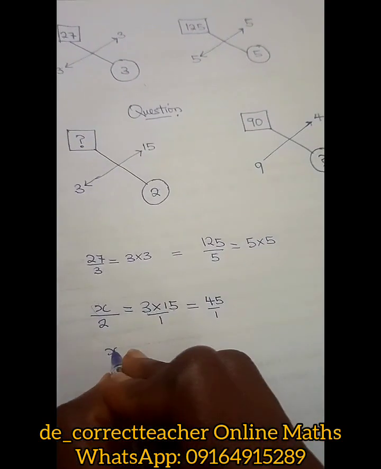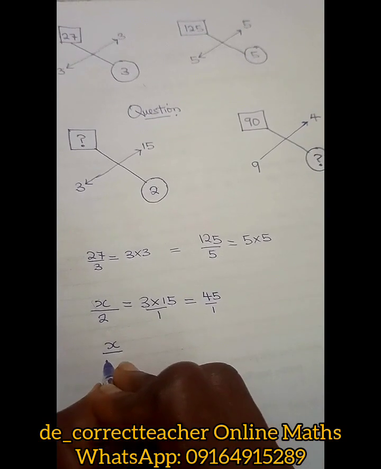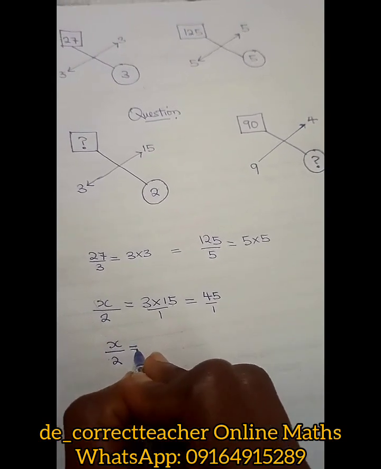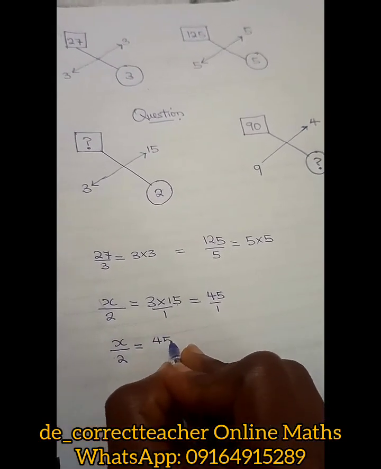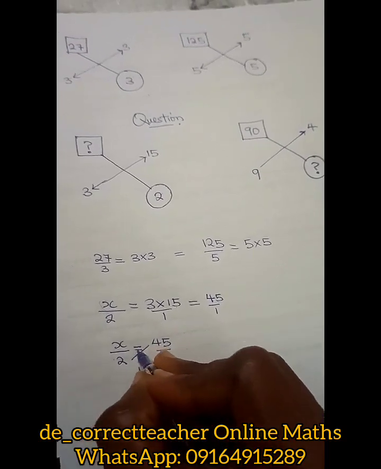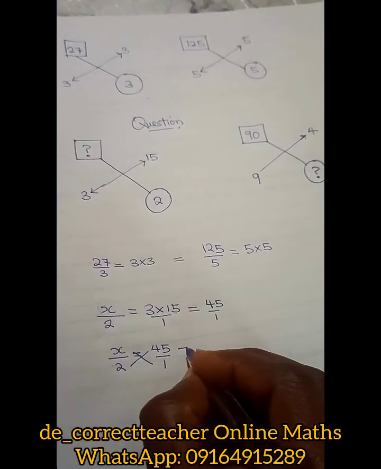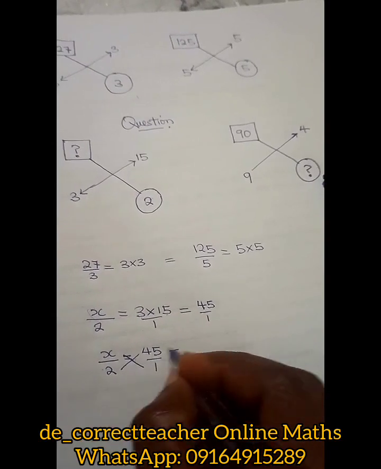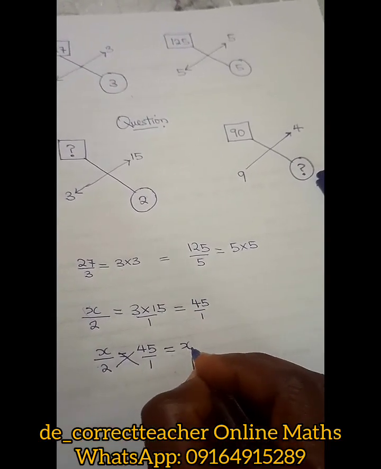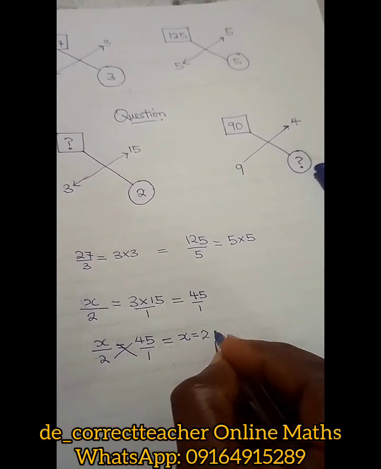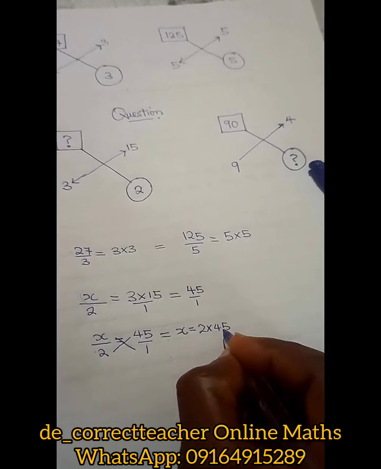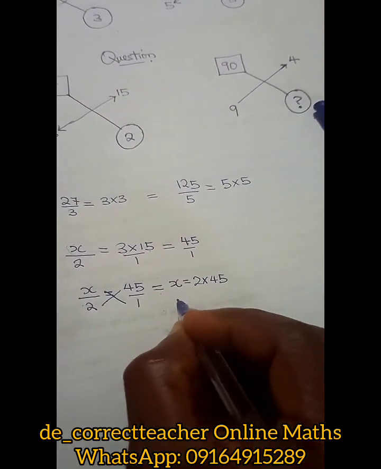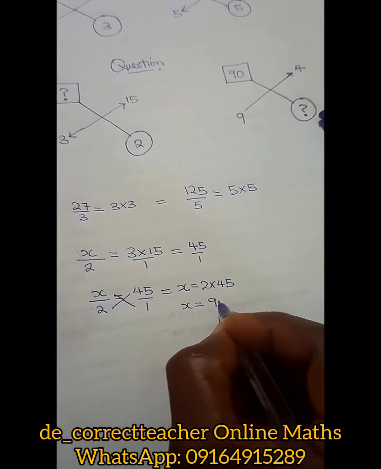So I say x all over 2 is equal to 45 over 1. Then I just need to cross multiply. x will be equal to 2 times 45, which is x equal to 90.